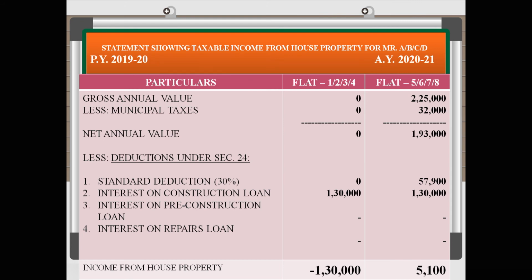First deduction, by default deduction, 30%, the rate is fixed. It will not be given in any sum. 30% to be made on net annual value, right? 1,93,000 into 30%. And that will give us 57,900.